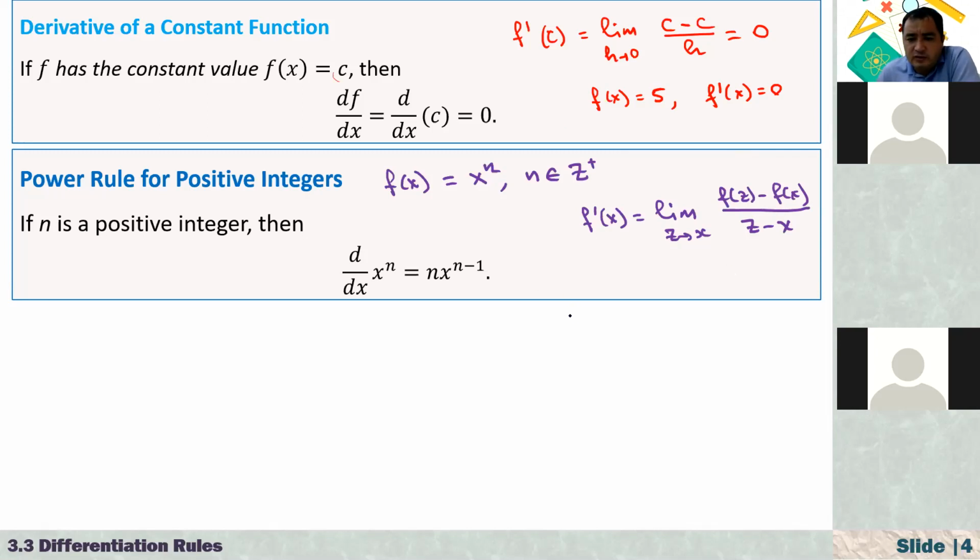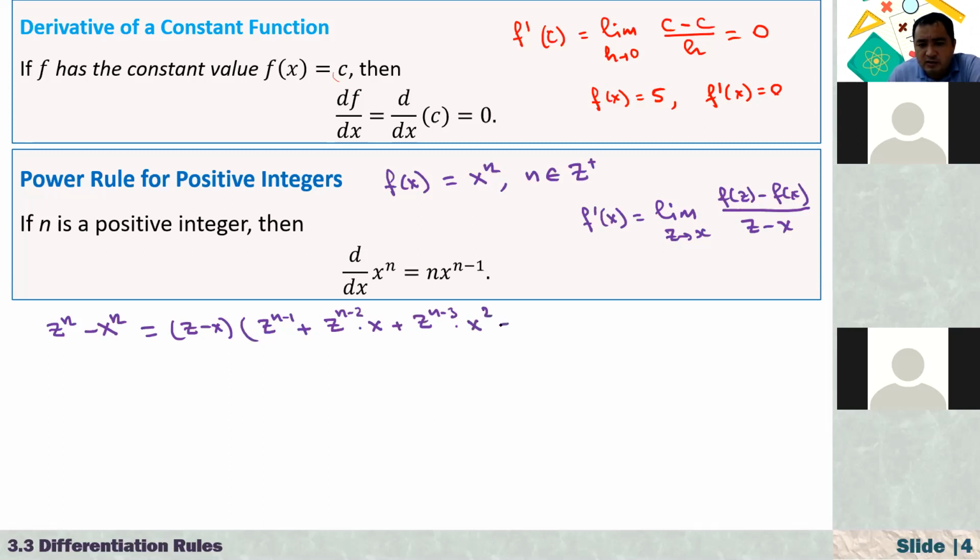Another thing you have to know here is this: we have z to the power of n minus x to the power of n, right? And we can always factorize this as z minus x times the sum z to the power of n minus 1, plus z to the power of n minus 2 times x, plus z to the power of n minus 3 times x squared, and so on.